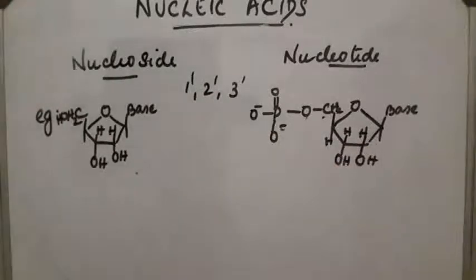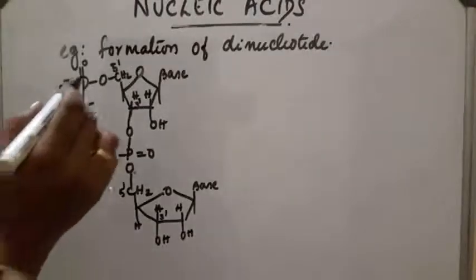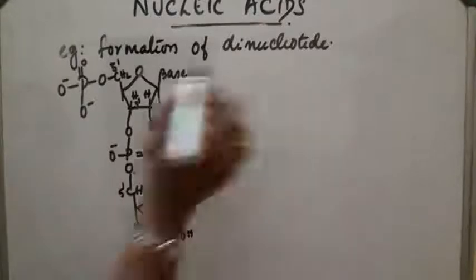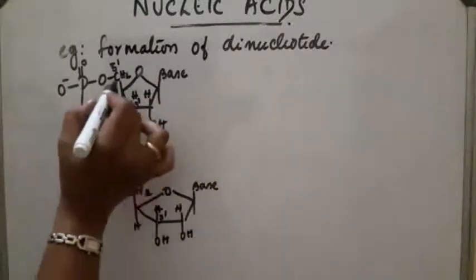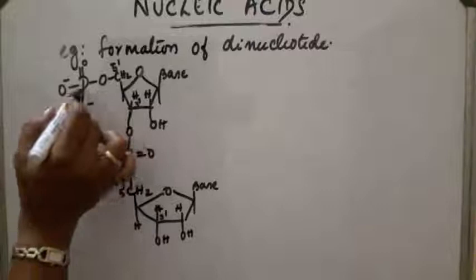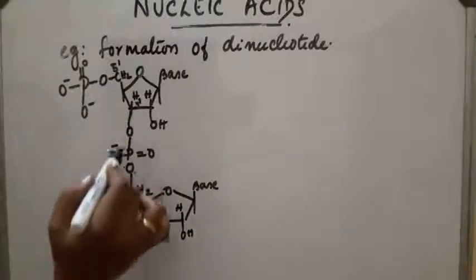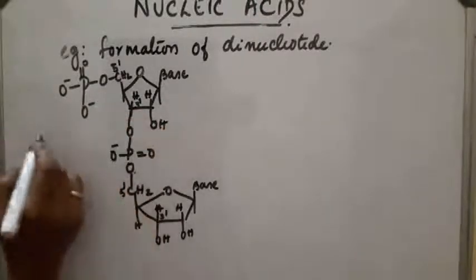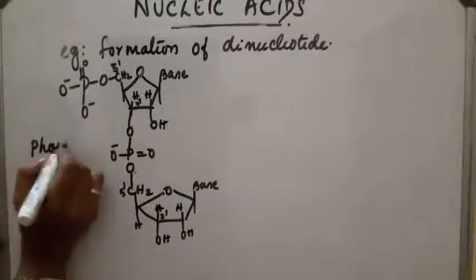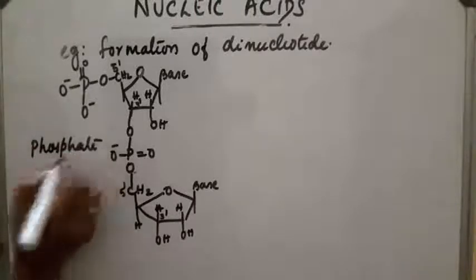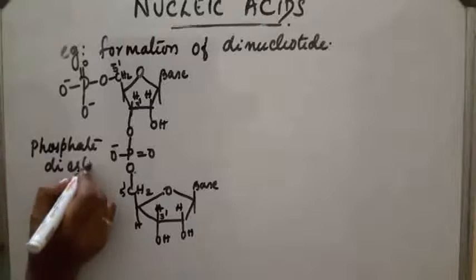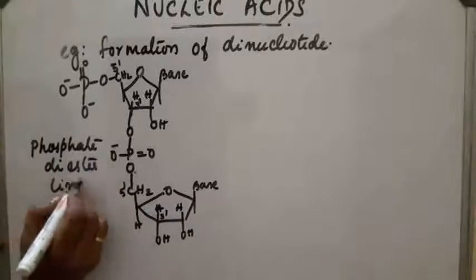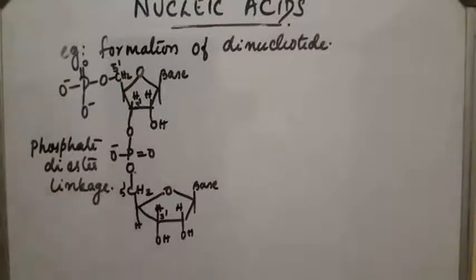This unit is called a nucleotide. So this is the formation of dinucleotides. In the 3 dash position and 5 dash position, phosphate groups are attached. So this linkage is called the phosphate diester linkage. This is the example for a dinucleotide.